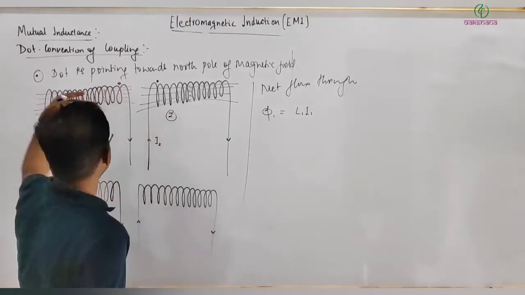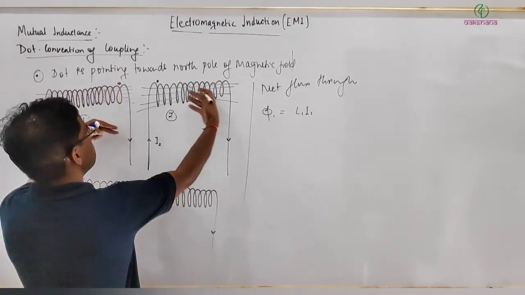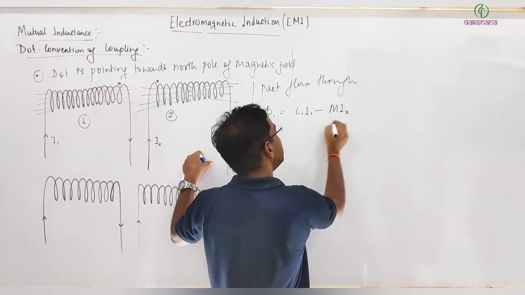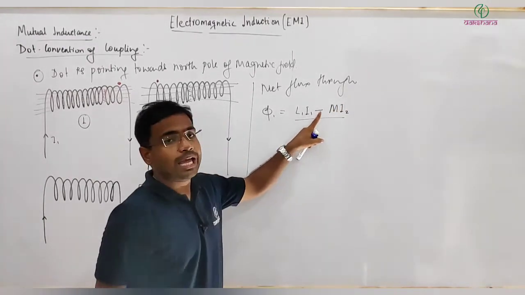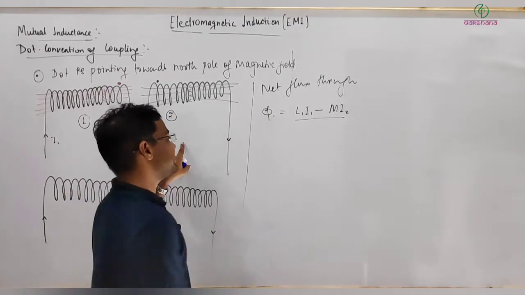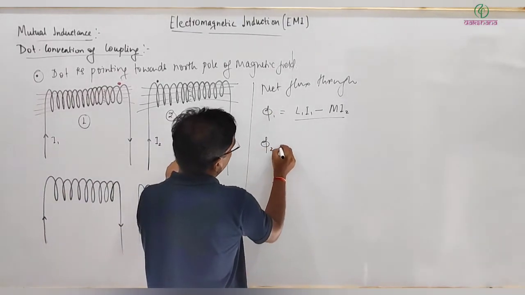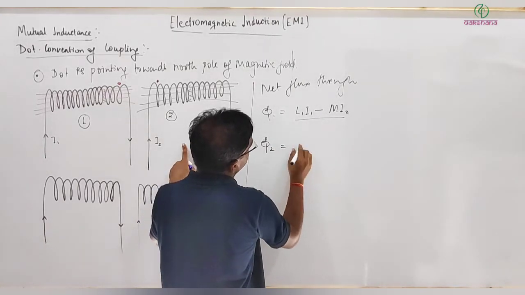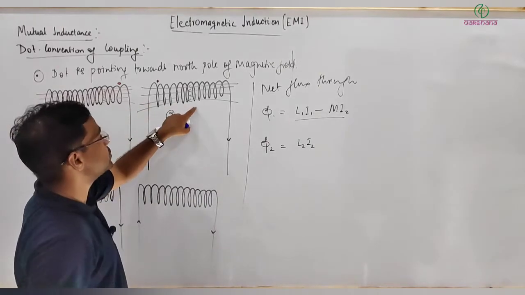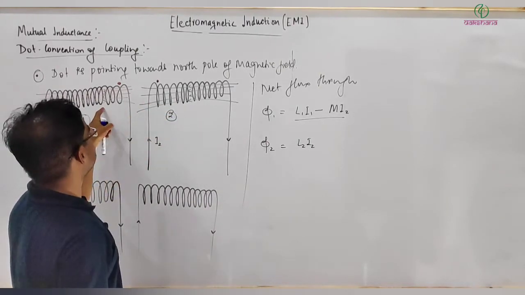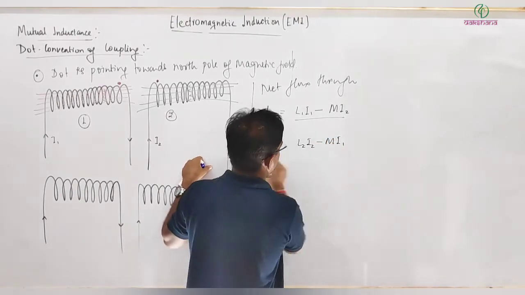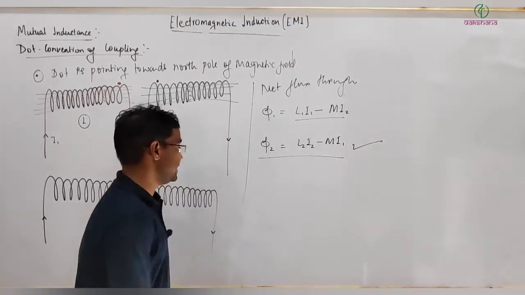And here you can see this flux is this way and that flux is opposite, so I will write it as minus M into I2. This is the flux linked to coil 1 due to current in coil 2, and in exactly the same manner I can write phi 2 will be equal to L2 I2, the net flux through this, and due to this it will be in the opposite direction, so I will write it minus M I1. We can write it easily.